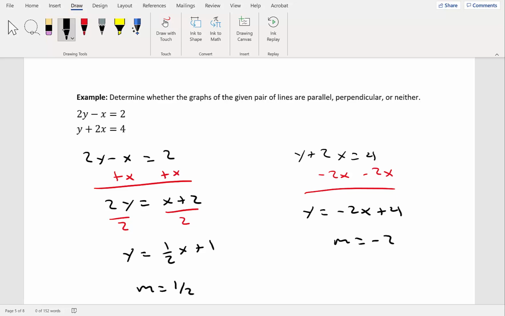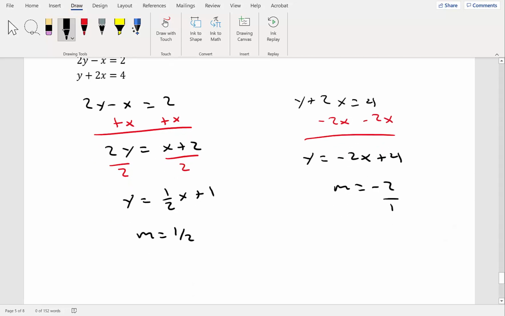Then check to see if the slopes are opposite reciprocals of each other. Remember, negative 2 is the same as negative 2 over 1. When you write that out as a fraction, you can see that these slopes are indeed opposite reciprocals, which means that the two lines are perpendicular. Meaning if you graph them, they will intersect at a 90-degree angle.